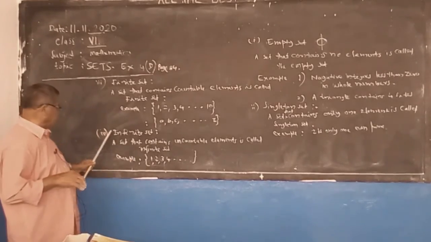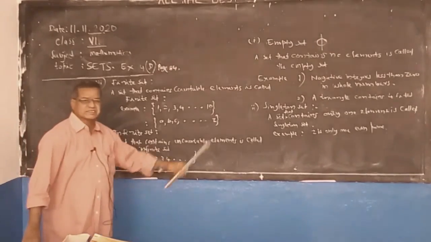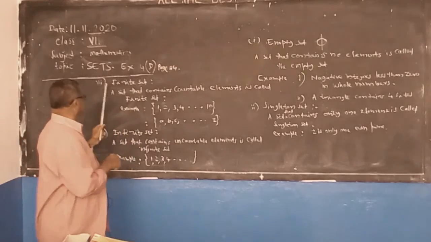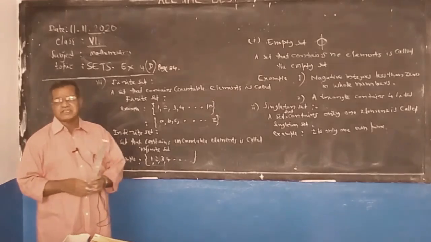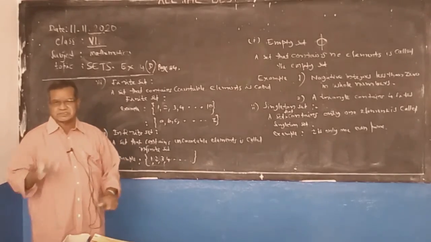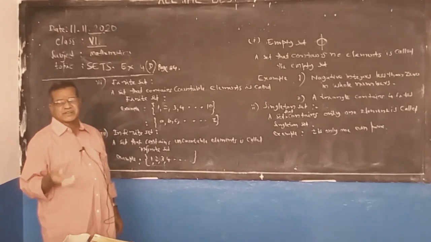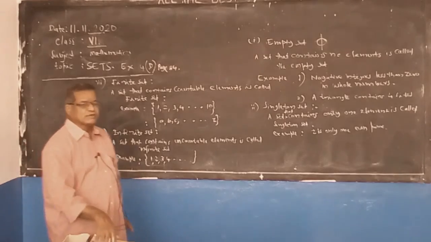It is in the meaning only. Infinite means we cannot count. Uncountable elements, it has no number. But in a finite set, we can say there are 7 days in a week. We can count Sunday, Monday, Tuesday, Wednesday, Thursday, Friday, Saturday. Like that we can count the months of the year.